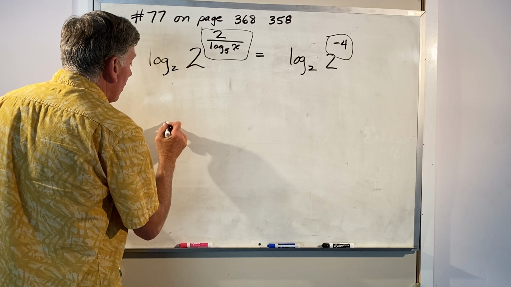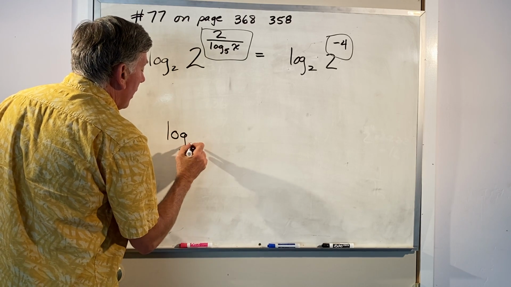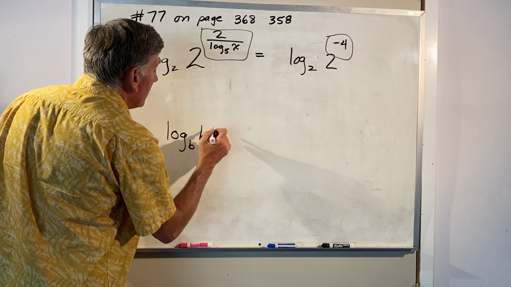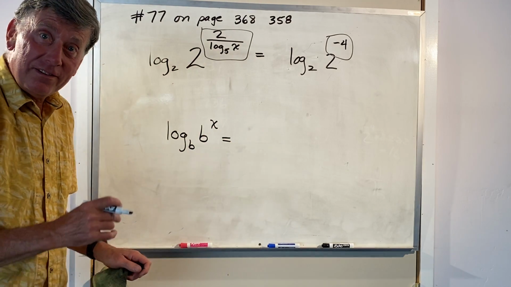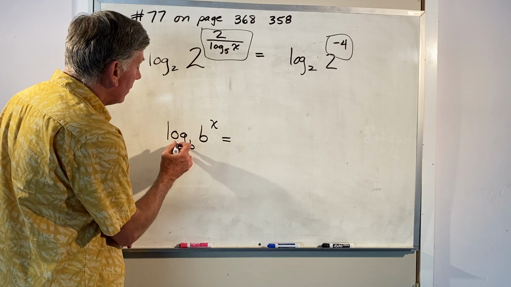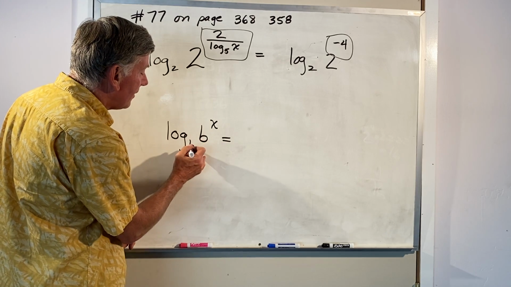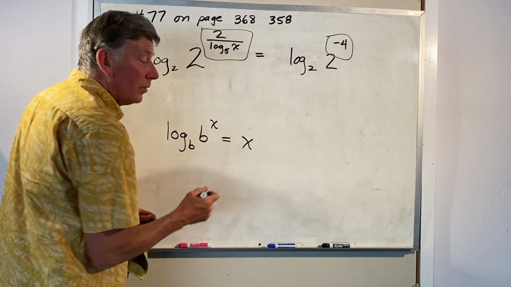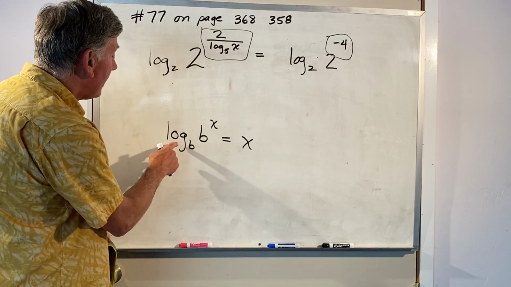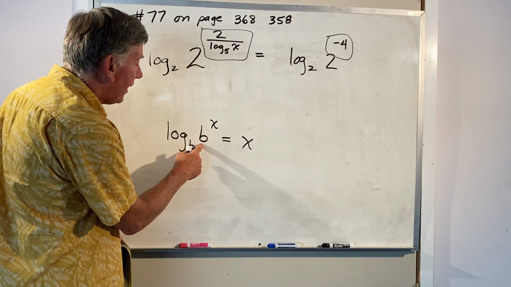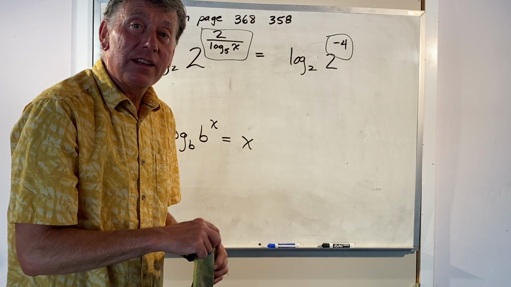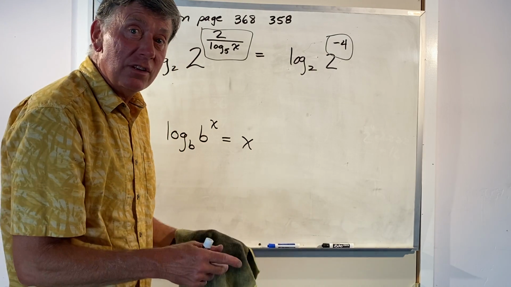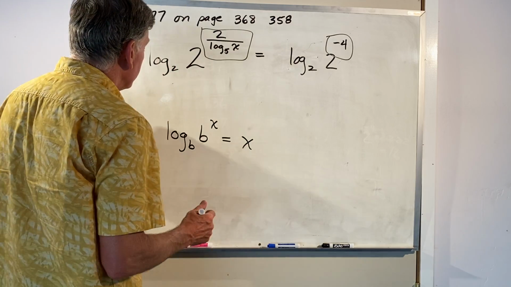And remember from our logarithms, log base b of b to the x, this is a fundamental toolbox thing you're always going to want. If the base is the same, this is equal to x. I'm taking the logarithm of the exponent, and I get what I usually get when I take an inverse function times the function, I get x.